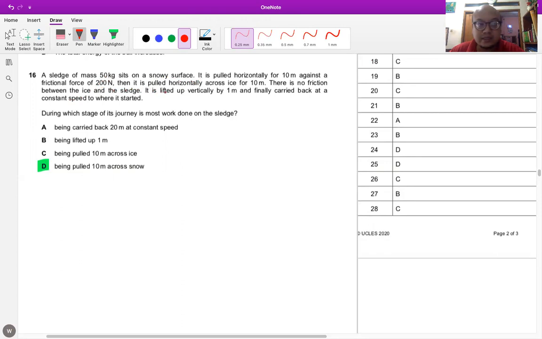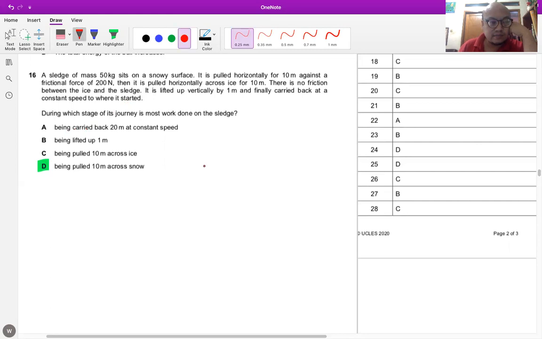There is no friction between the ice and the sledge. It is lifted up vertically by 1 meter and finally carried back at constant speed to where it starts. During which stage of the journey is the most work done on the sledge?